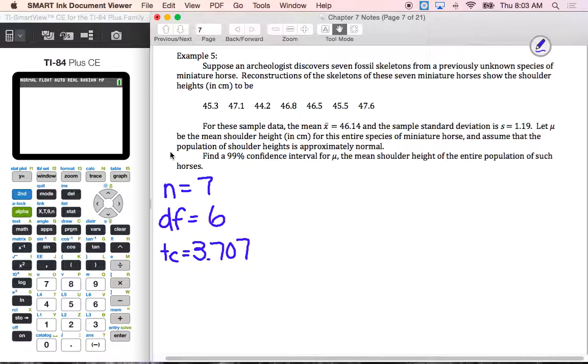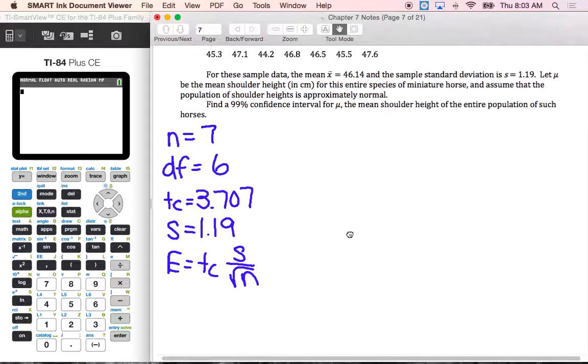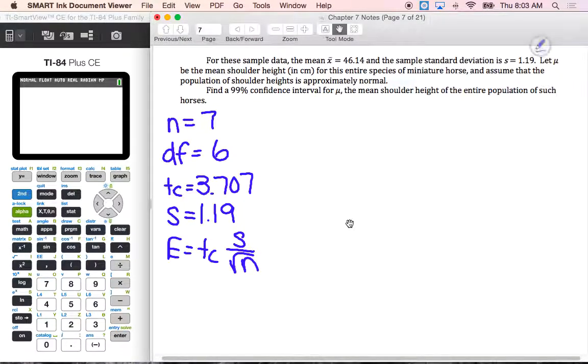Now, if we want to figure out what our E is, there's one more thing we need, and that's our s. They tell us 1.19. So I have E is t_c times s over square root of n. So again, all we have to do is plug all that information in, just like we did in 7.1.